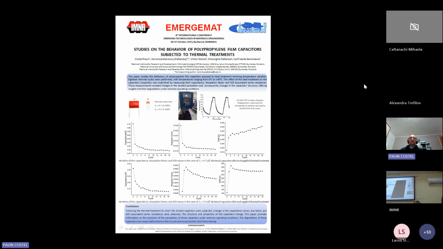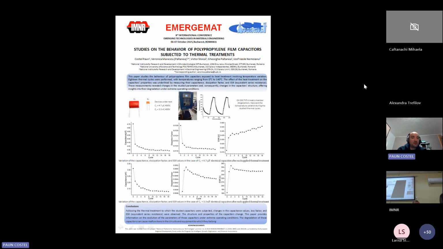You can see that after the first cycle of thermal degradation, there is a significant modification in the parameters, indicating that they made the capacitor perform at lower parameters, as you can see.